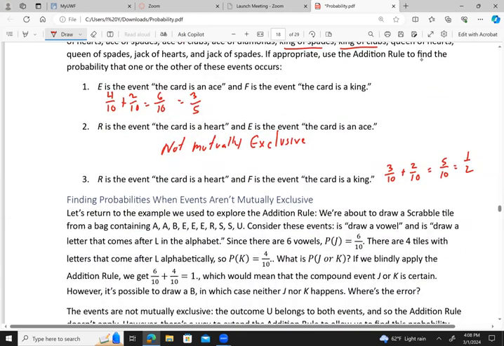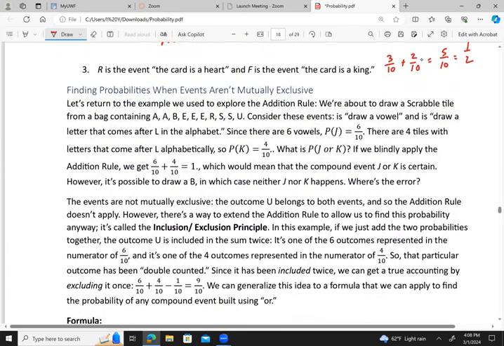So what about events that are not mutually exclusive? Let's return to our initial example. Drawing a Scrabble tile from a bag containing A, B, E, R, S, U. Consider these events.